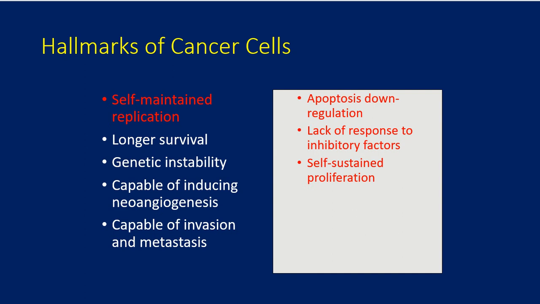If the cell is going to be replicating, it will be doing so because there is an abundance of these growth factors signaling it to grow beyond what is normally present, and also less inhibitory factors.